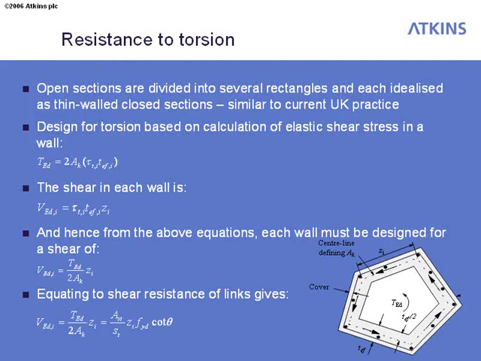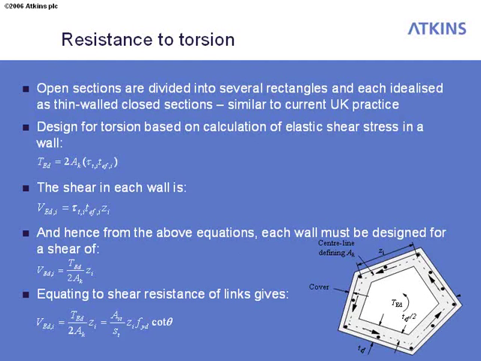The way the torsional formula is derived in the Eurocode is basically, first of all, just to start with hollow-walled theory, which is the top equation. So we know from hollow-walled theory that the applied torsion is equal to twice the area enclosed by the middle perimeter of the hollow wall times the shear flow, tau times effective thickness.